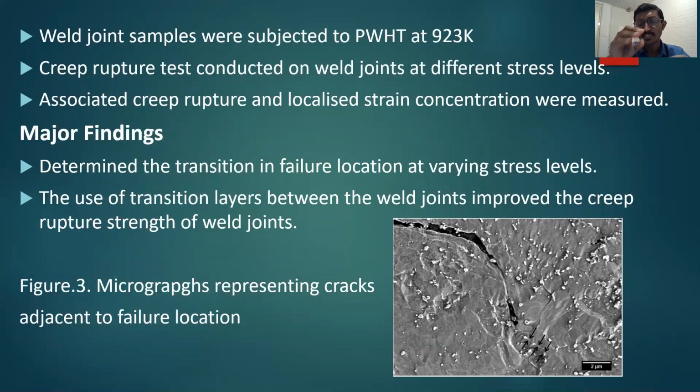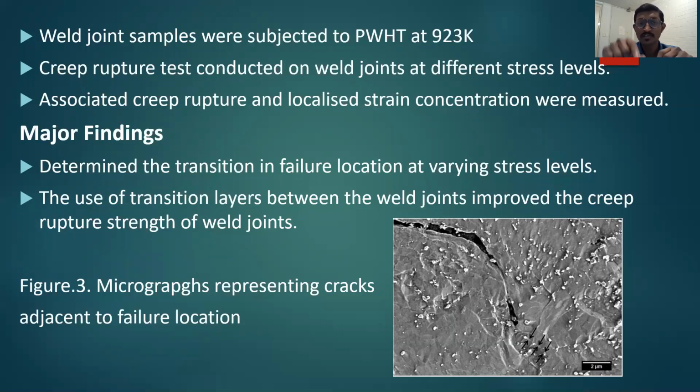Further, the localized strain concentration was also measured. A transition in the failure location was observed at various stress levels. This shift in the failure location enabled determining the creep rupture strength associated with these weld joints.